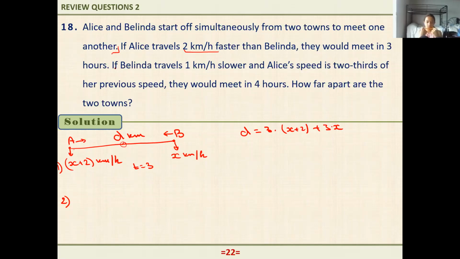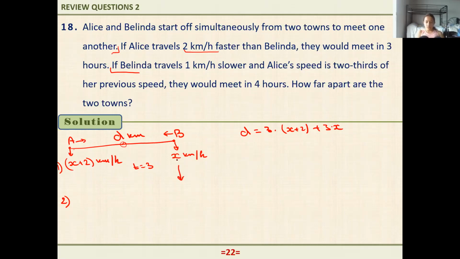Okay, now the second part. If Belinda travels 1 kilometer per hour slower, and Alice's speed is 2/3 of her previous speed. Now we are going to write here. If Belinda travels 1 kilometer per hour slower, what is Belinda's speed?